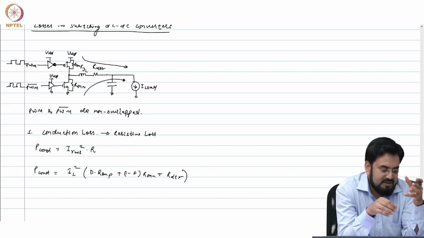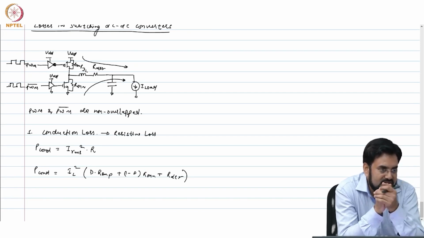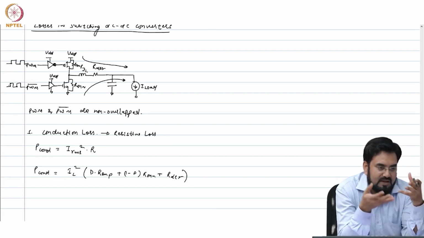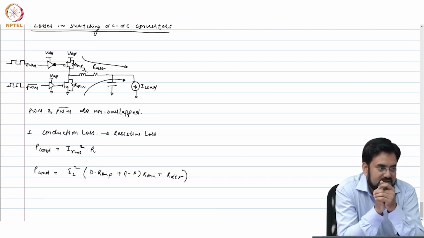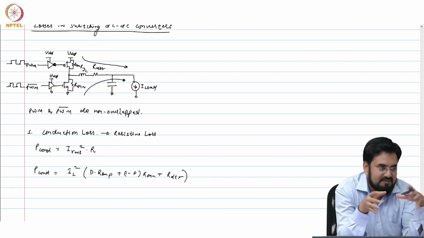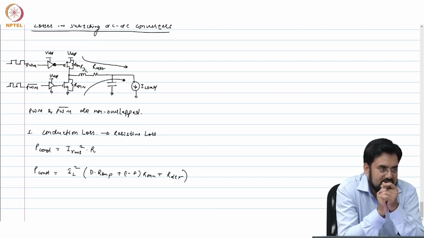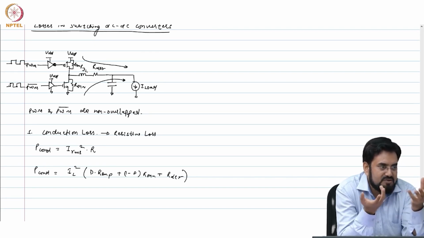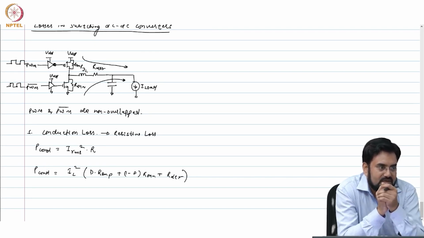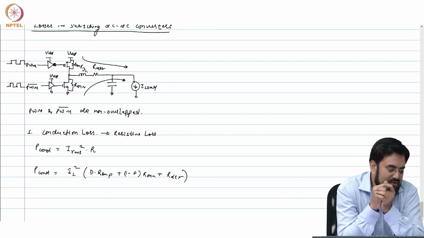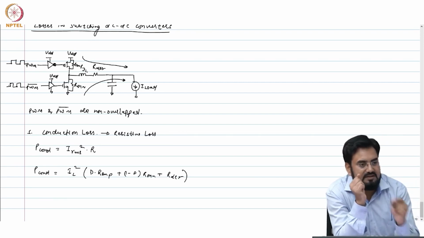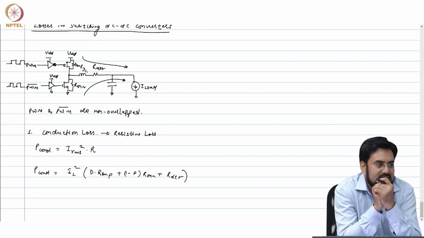But this is not the only loss, you have switching losses also, but at high current this is the most dominant. So 100 milliwatt, which means 1 amp is the total current, and if you consider your RMS is roughly the same as your load current, then for 1 amp current, what should be the resistance? 100 milliohm.